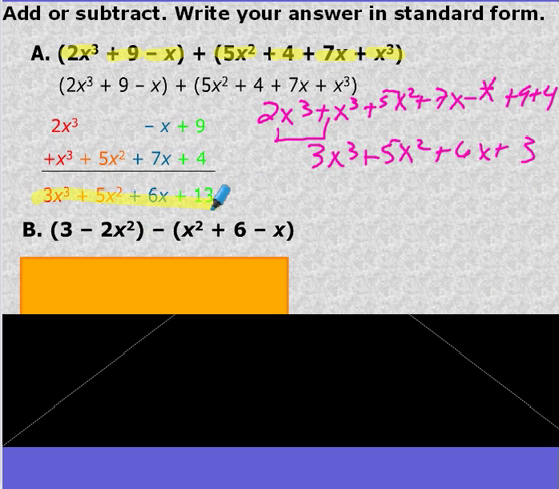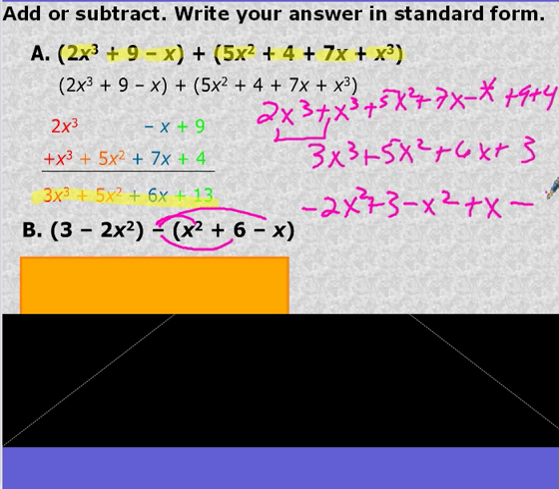All right, the next one is a subtraction, so remember to distribute this across all your terms. So I'm going to rewrite this as negative 2x squared plus 3, and then I'm going to distribute this, so it's going to be a minus x squared. A minus of a minus makes it a plus x, and then minus 6.